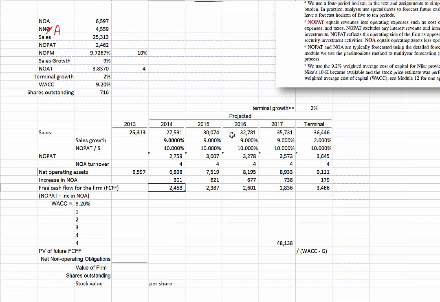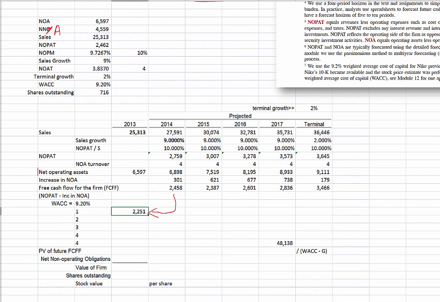So I bring that back one period by dividing by 1 plus the interest rate. So right there, let me say equals 2458 divided by 1 plus 9.2%, 1.092. And that gives me 2251.